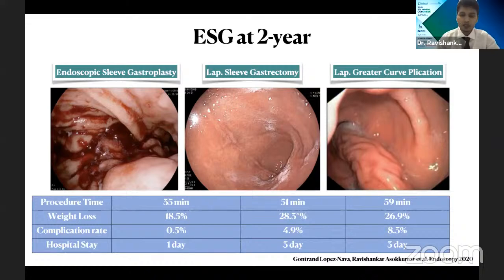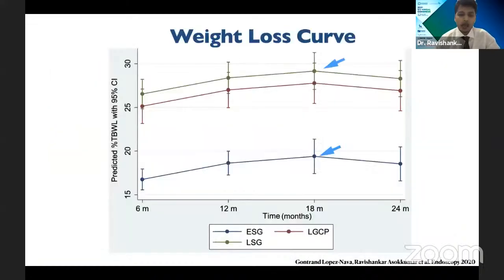But when we looked at our own results comparing endoscopic sleeve with laparoscopic sleeve gastroplasty and greater curve plication, published in Endoscopy, we can see that similar to other published studies, we start to see the weight regain happening typically at about 18 months to 2 years. Despite an initial good weight loss, weight regain is bound to happen.